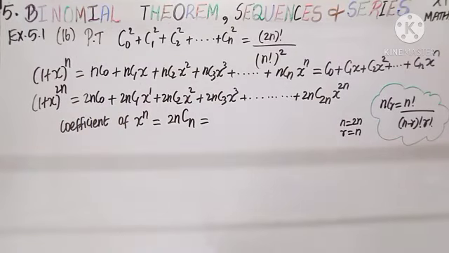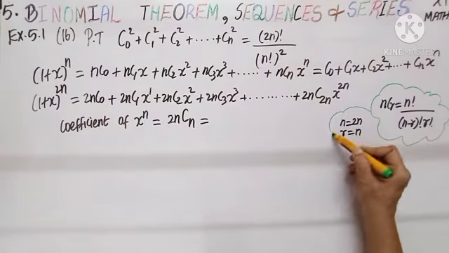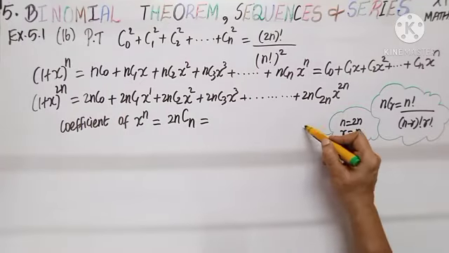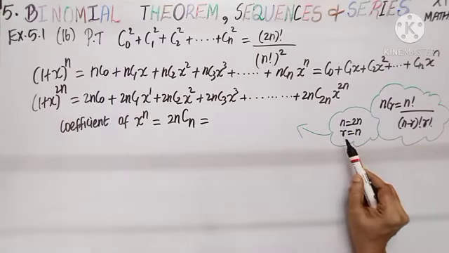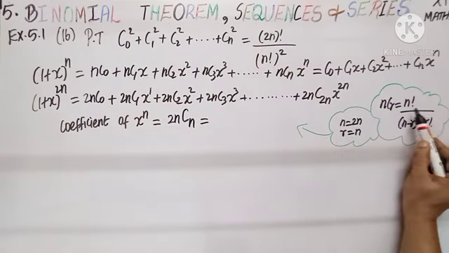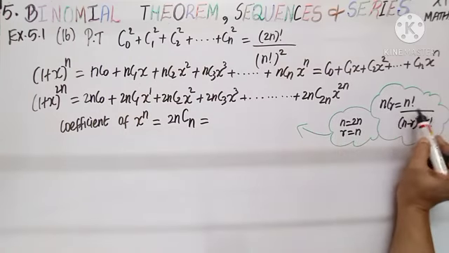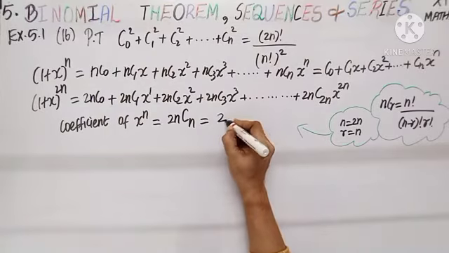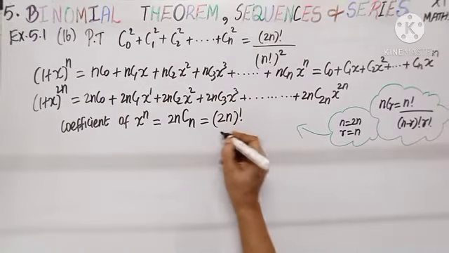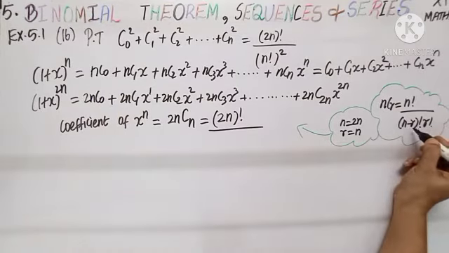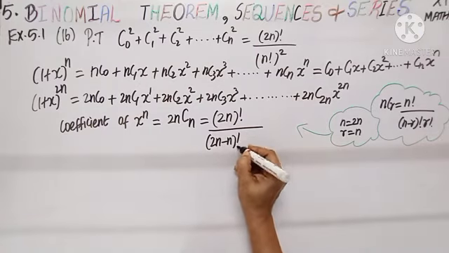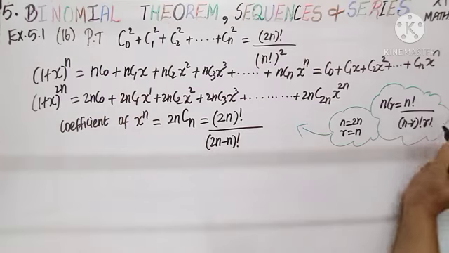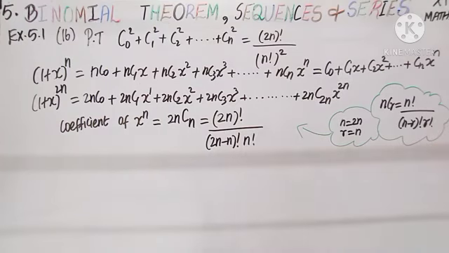So the same formula I am going to apply, but wherever n is coming, I will put 2n. Wherever r is coming, I have to put n in this formula. So n factorial will become 2n factorial by n minus r factorial, 2n minus n factorial, r factorial is n factorial.